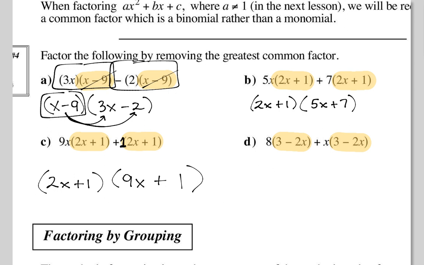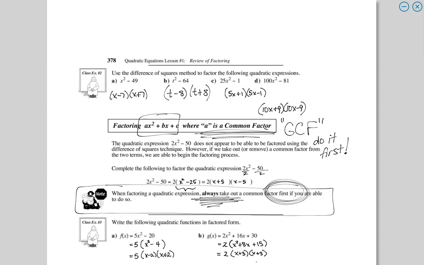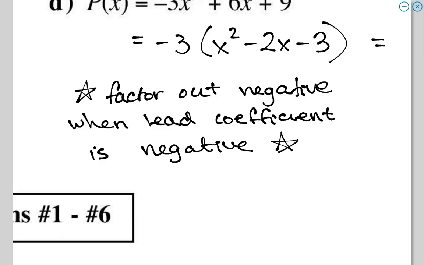Okay, let's do the next one. Take out the 3 minus 2x, and then you're left with 8 plus x. There's a problem with this one, though. If you look back on my last slide, what does this say?